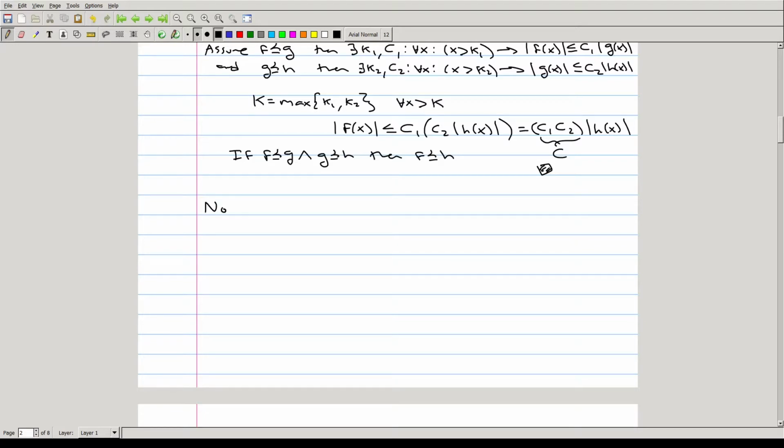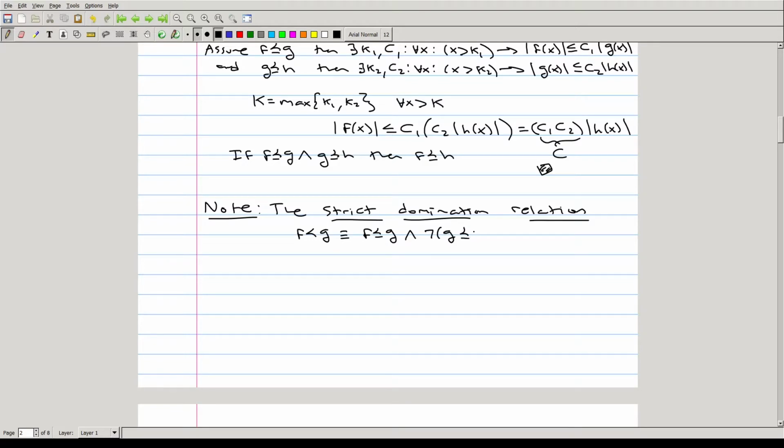So I want to note here that the strict domination relationship, which we defined above as f is strictly dominated by g if f is dominated by g and g is not dominated by f, is also reflexive and transitive.